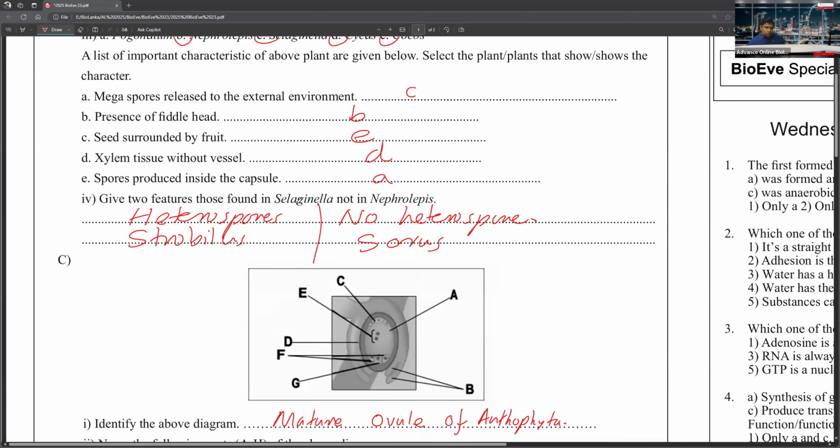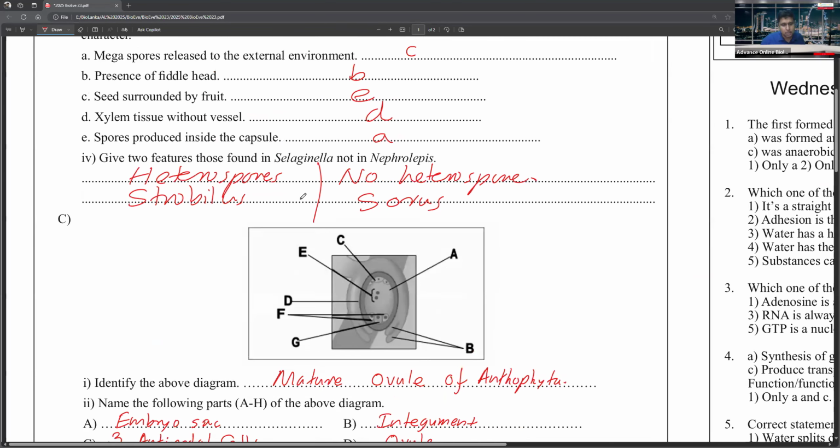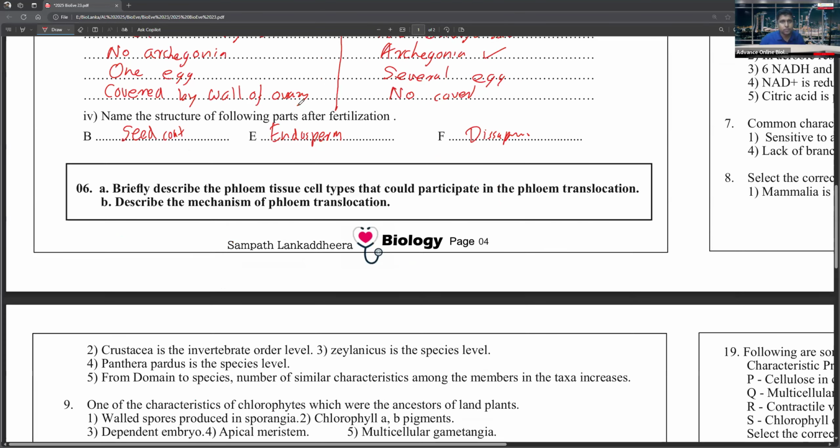So that's it. Now, people, this is the essay question. I'll give you the marking scheme. Please check your essay answers against this marking scheme. Can you take a screenshot of this page? Oh, wait, I have to share. Right, can you take a screenshot?